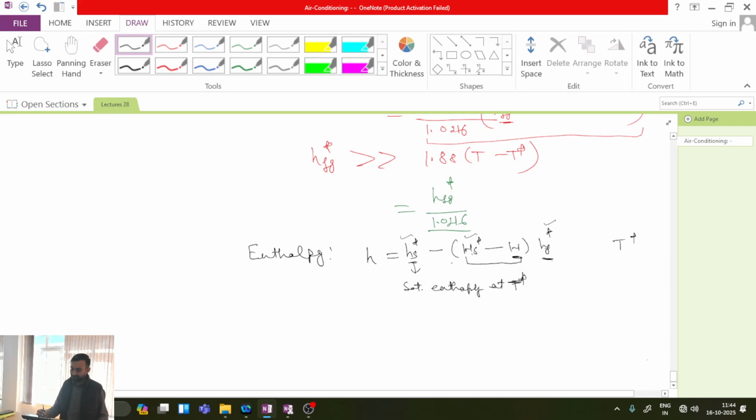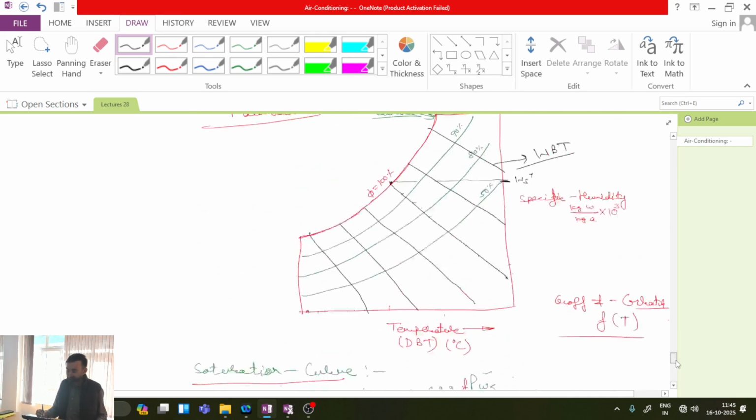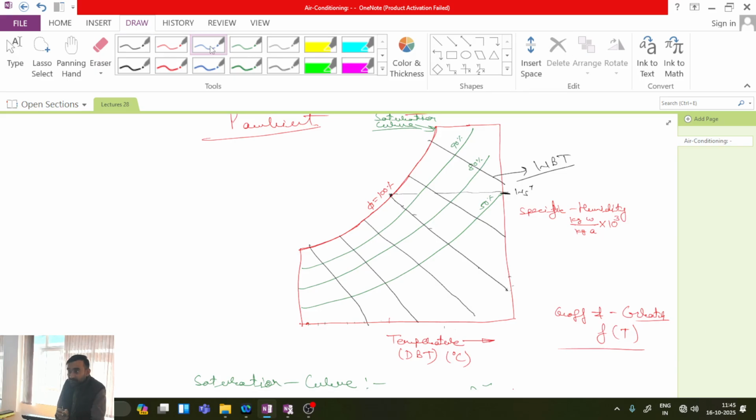What it means? It means HS star minus some delta H, which will be coming from this value. So from this point, whenever you move in the downward direction, if you start from this point, your enthalpy value must go a little down.